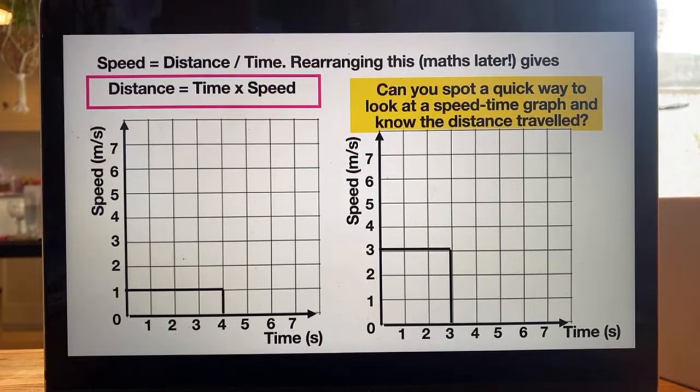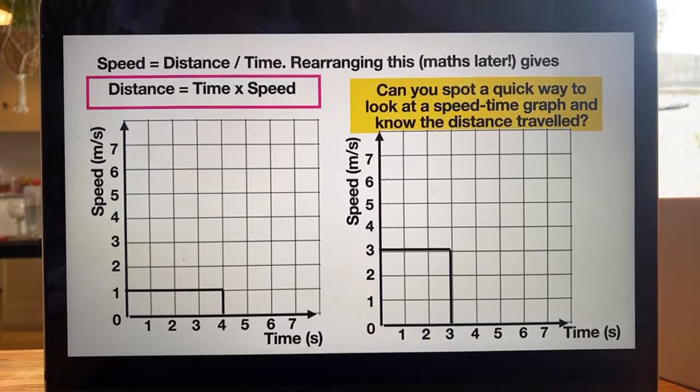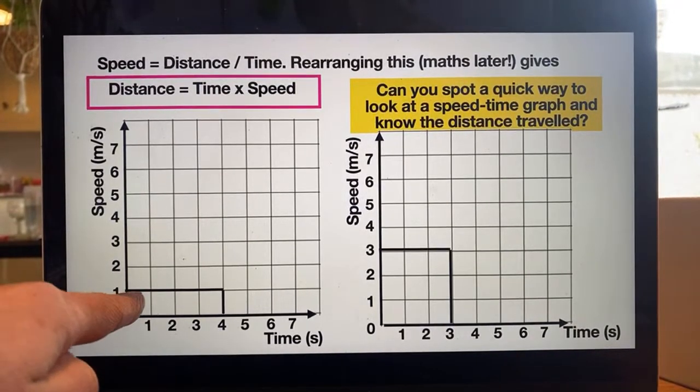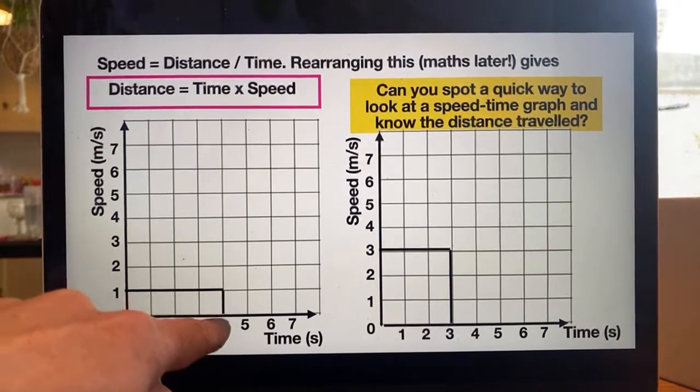Can you spot a quick way to look at a speed time graph and know the distance that the thing has travelled? You don't need to do any maths. So this thing's been going at 1 metre per second, steady, for 4 seconds.